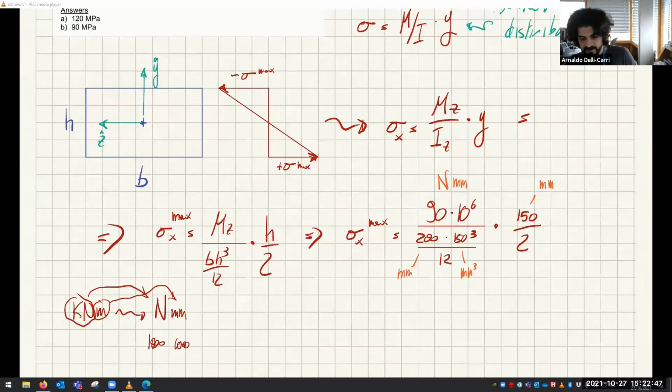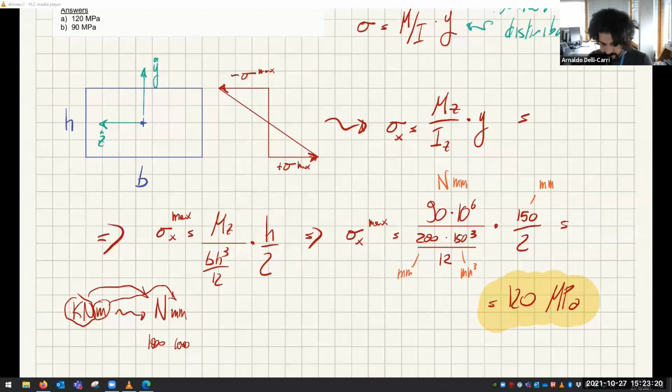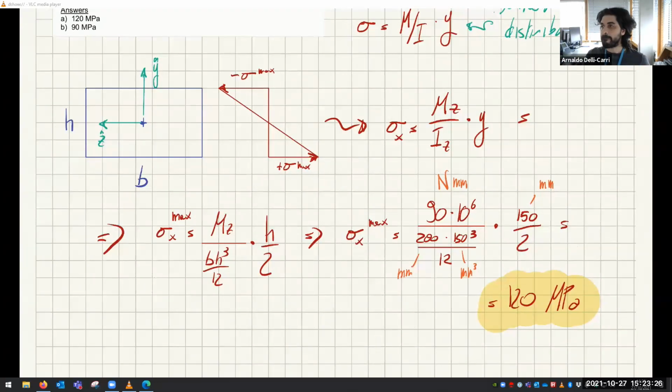So overall, I have Newton millimeter squared at the numerator and millimeters to the power of 4 at the denominator. So if I do this calculation, I get 120 newtons per millimeter square, and this is just megapascal. And this is what I wanted to know in the end. Okay, don't need this anymore. All clear? Looks like so.